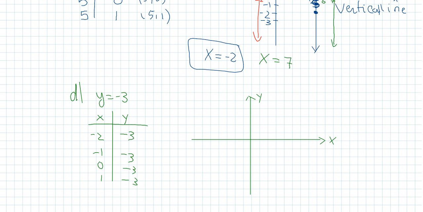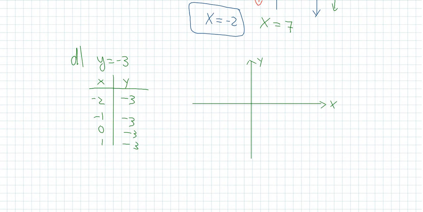at x equals negative 2, y equals negative 3. At x equals negative 1, y equals negative 3. At x equals 0, y equals negative 3. At x equals 1, y equals negative 3. At x equals 2, y equals negative 3.